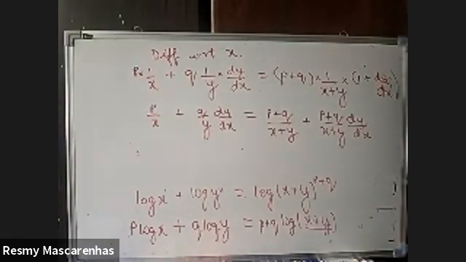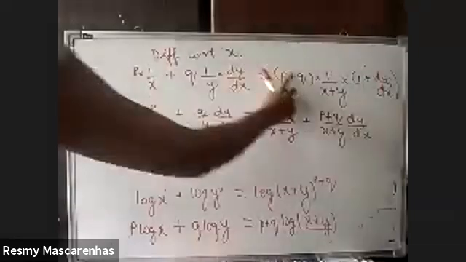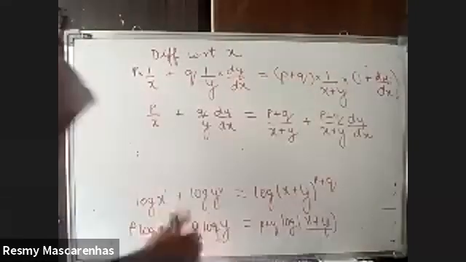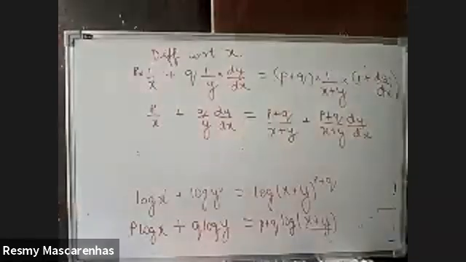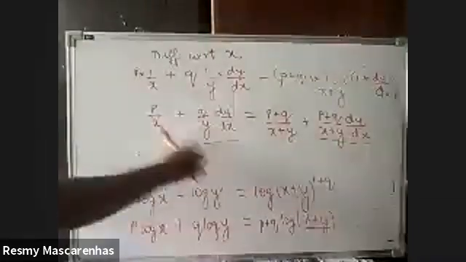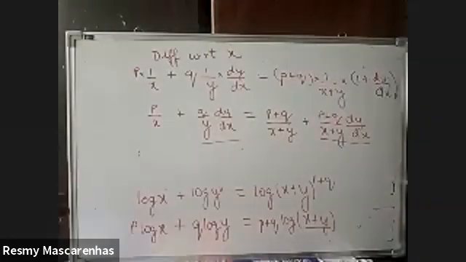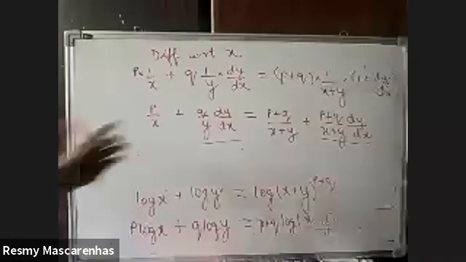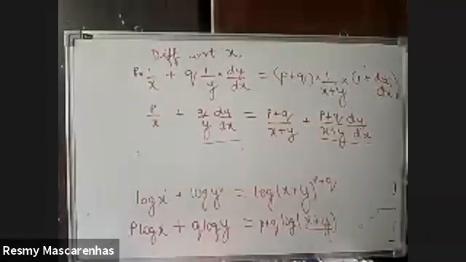This p plus q upon x plus y, I have multiplied to both the terms. Now which are the dy by dx terms? Listen to this. I am asked to find dy by dx. So what you do is bring the dy by dx terms on one side and the remaining term you take on the other side, and then take dy by dx common.